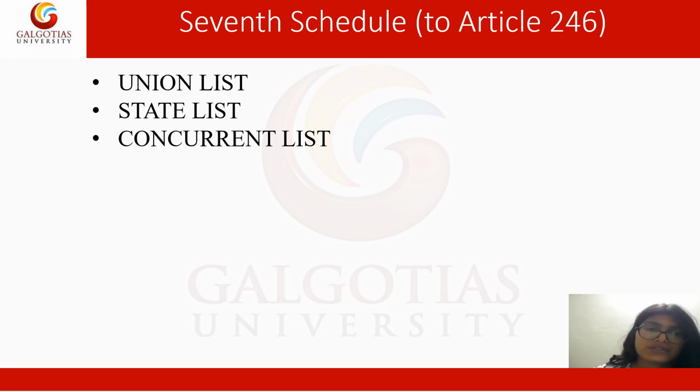So firstly we have the union list. In case of the union list or list 1, the central government has the exclusive right to make laws in respect of any matter that is covered in the union list. For example, the defense of India, naval, mineral resources, or RBI are some of the areas covered in the union list, and only the central government has the exclusive right to make laws in such subjects.